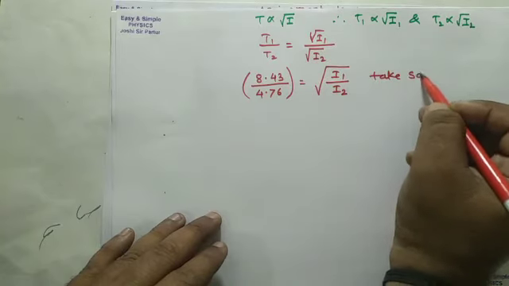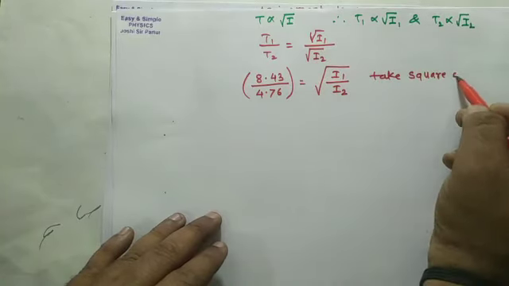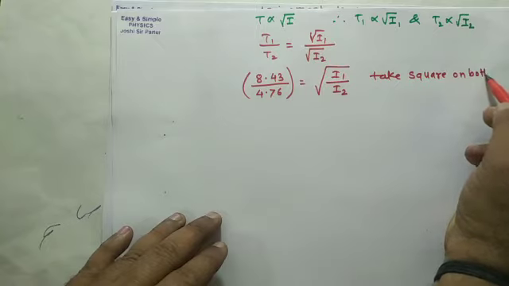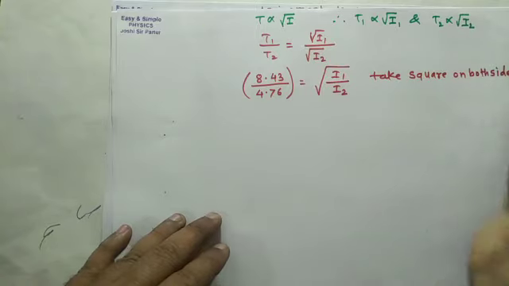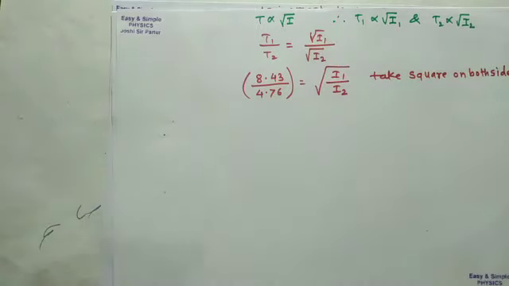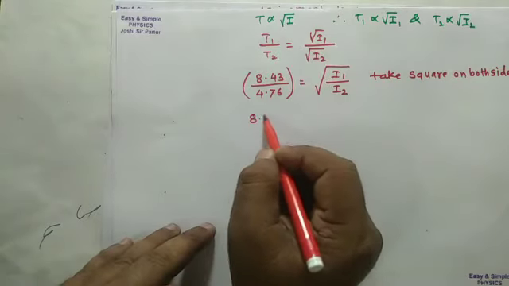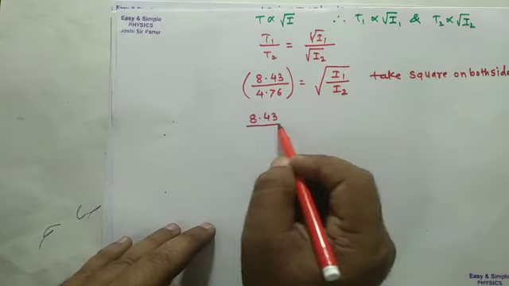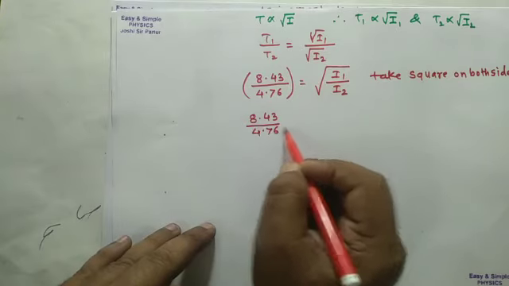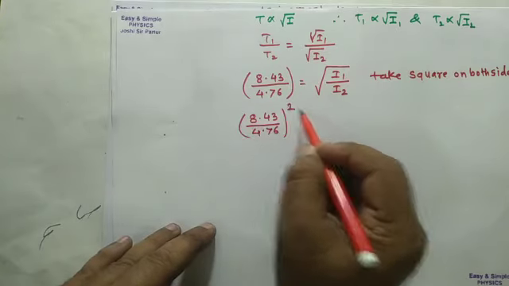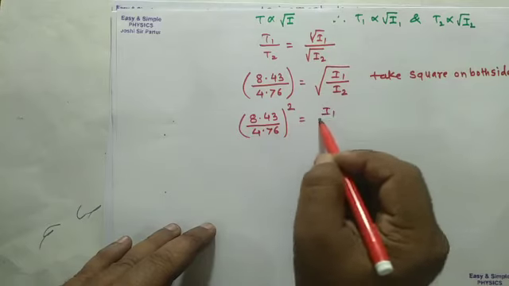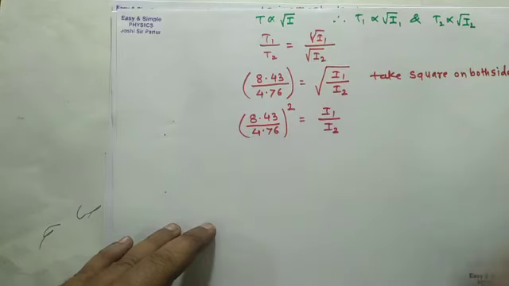Take square on both sides. What happens? 8.43 upon 4.76 bracket square is equal to I1 upon I2.